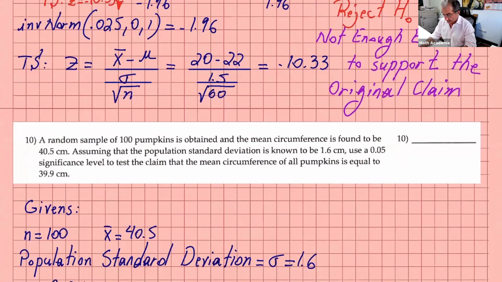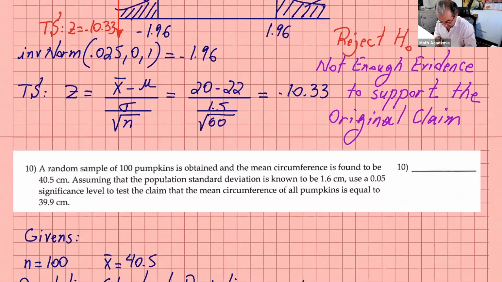Number 10. A random sample of 100 pumpkins is obtained and the mean circumference is found to be 40.5 centimeters. Assuming that the population standard deviation is known to be 1.6 centimeters, use a 0.05 significance level to test that the mean circumference of all pumpkins is equal to 39.9.